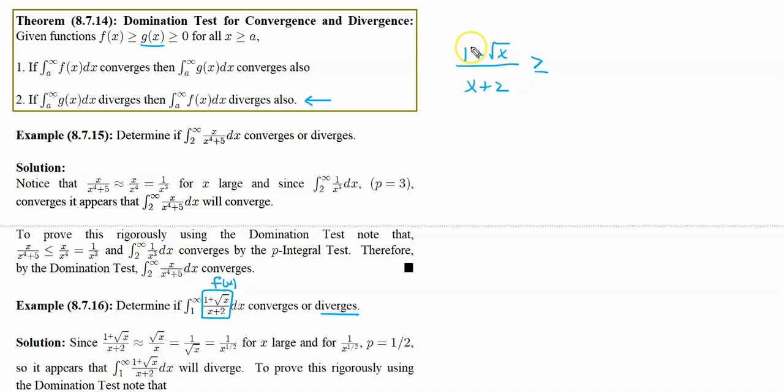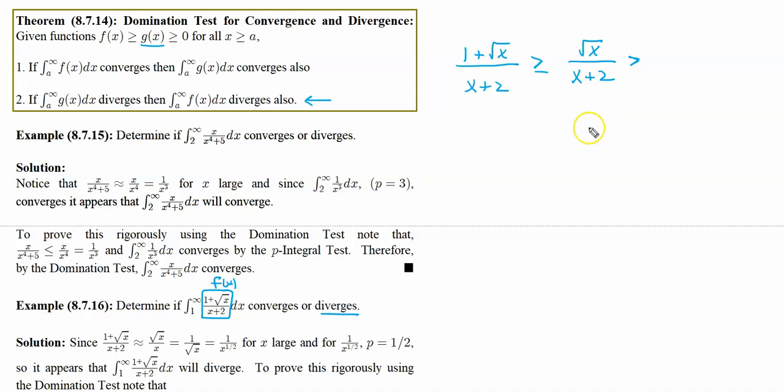Notice that we can eliminate this 1. So certainly this will be bigger than or equal to the square root of x over x plus 2. Just make the numerator a little bit smaller. Now what I want to do is make the denominator a little bit bigger. If I make the denominator bigger, but I don't want to affect the power of the x appearing down here, then what's over here will be a little bit smaller.